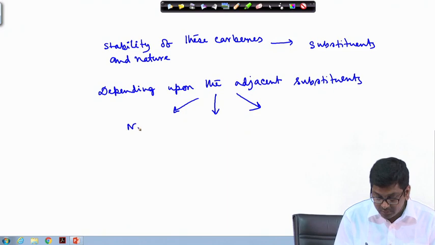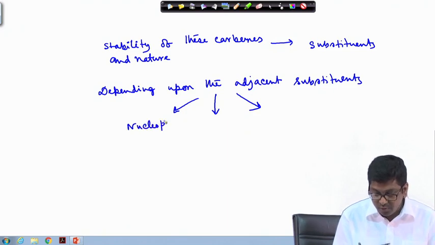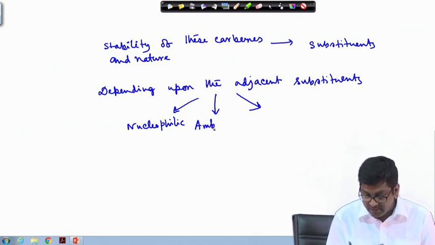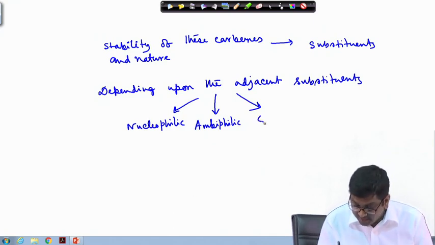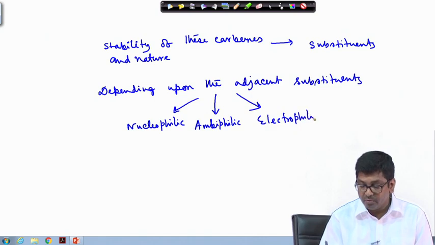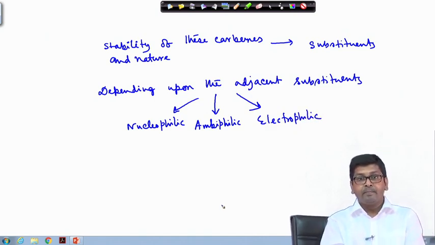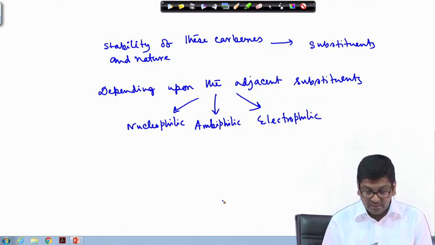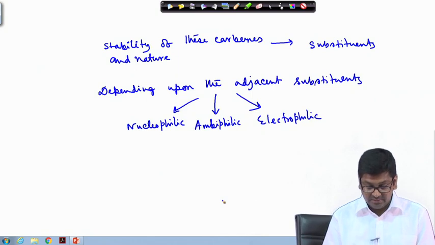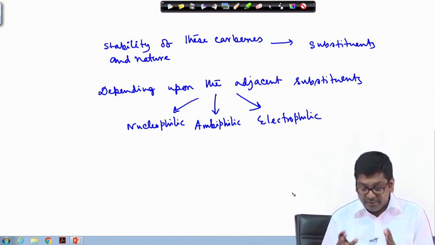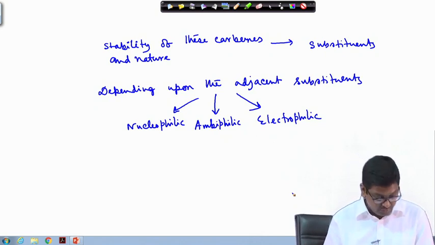One is called nucleophilic, another one is ambiphilic, and another one is electrophilic. So, there are three different types of carbenes: nucleophilic, ambiphilic and electrophilic. Obviously, it depends on their adjacent substituents, fine.